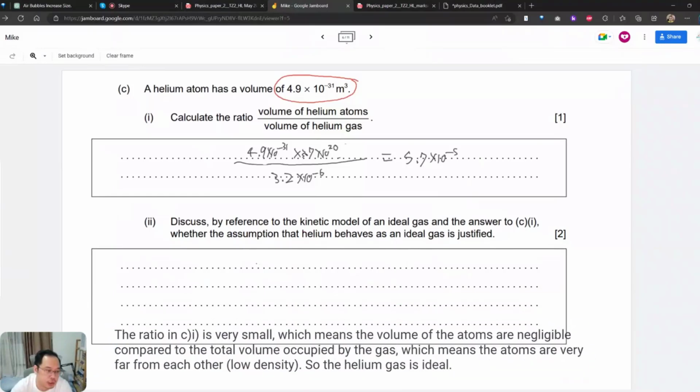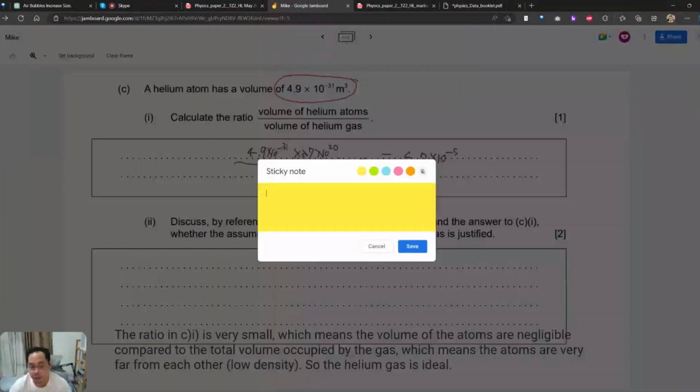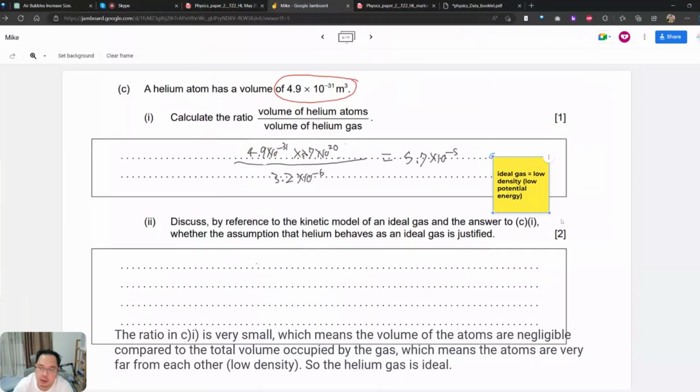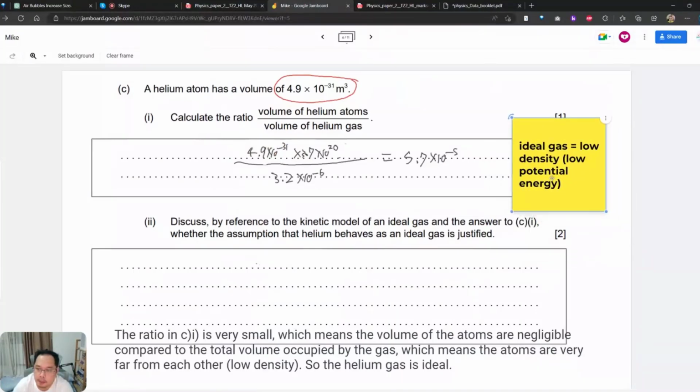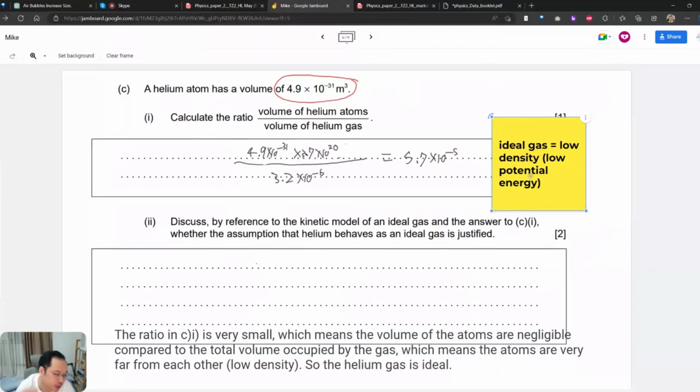The most important assumption of an ideal gas is low density. Ideal gas means low density and also low potential energy. Only the kinetic energy matters. Does the pressure affect the ideal gas? The pressure can be normal, not very high, but not very low.